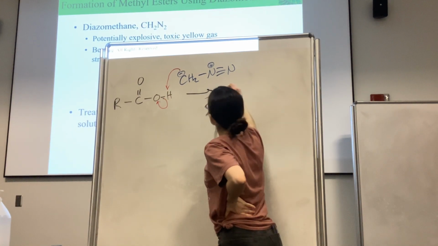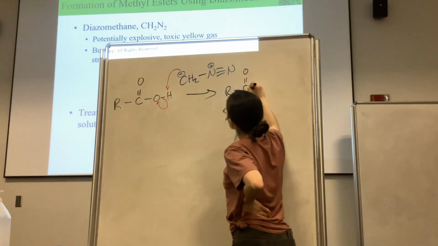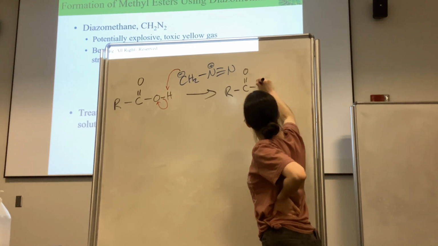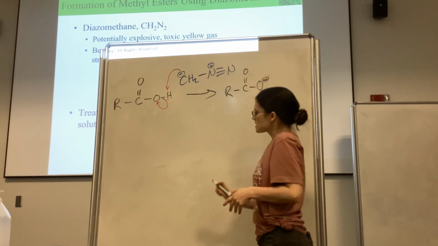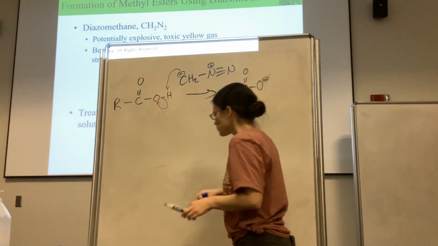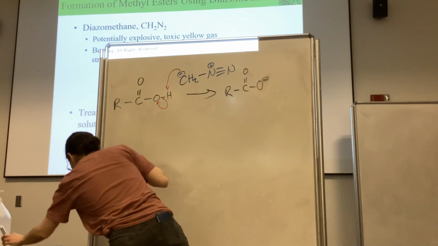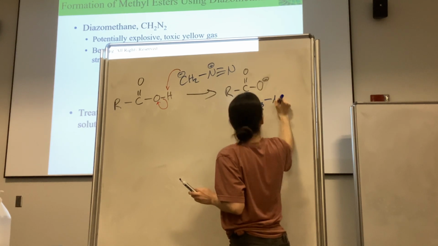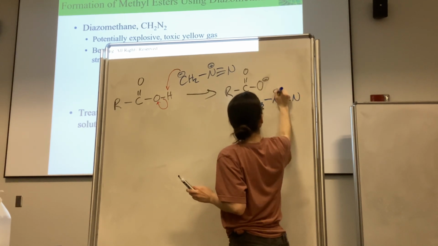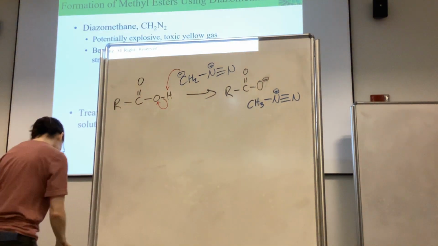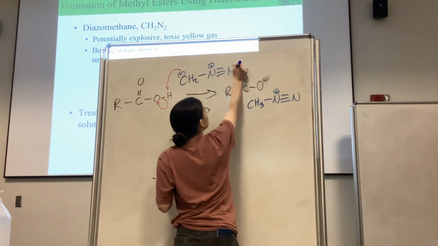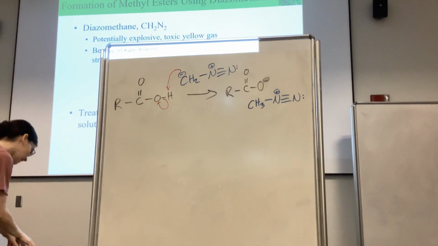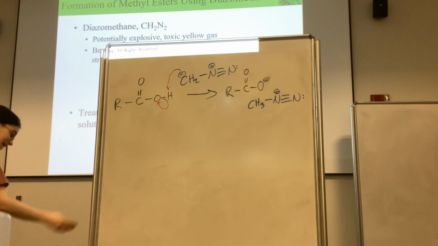So we have O minus, that's oxygen and a little minus. And we have methyldiazonium cation.